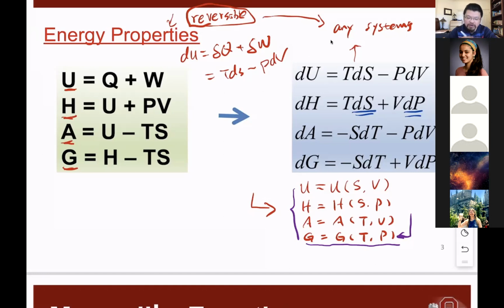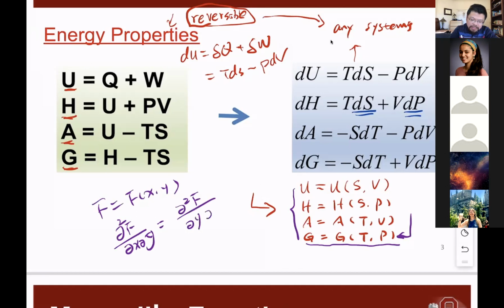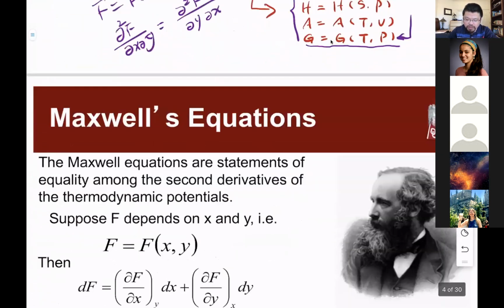If we have a function f of x and y, then the second derivative of f with respect to x and y should be exactly the same when you switch the order, taking the first derivative with respect to y and the second derivative with respect to x. So those two terms should be identical. This is why Maxwell recognized this pattern out of the four energy equations, and he derived the so-called Maxwell relationships. So let's take a look at what was going on.